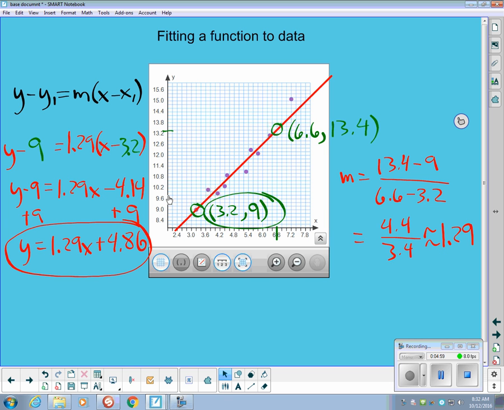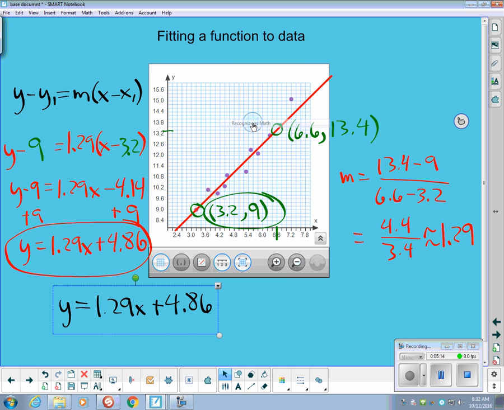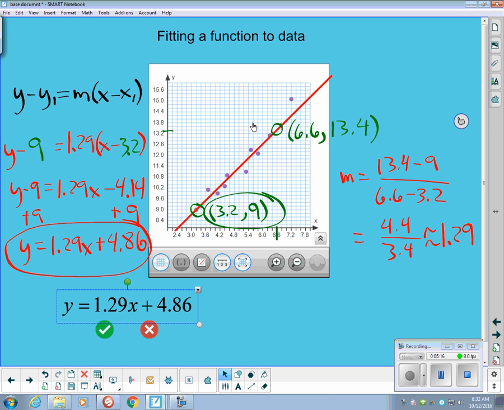And I think I should be able to, if I write that carefully, get that to show up on my graph. Let's try that out. y equals 1.29x plus 4.86. See if the smartboard recognizes that. Yep, looks good.